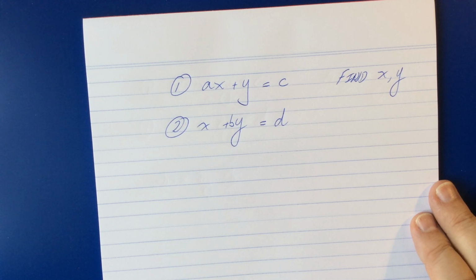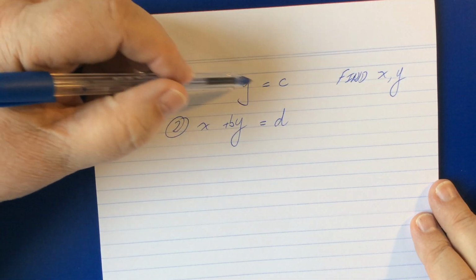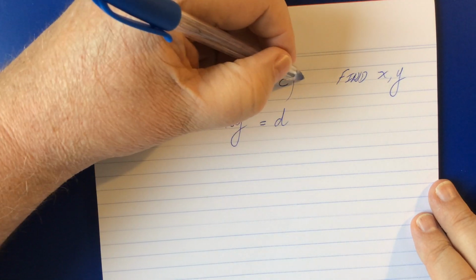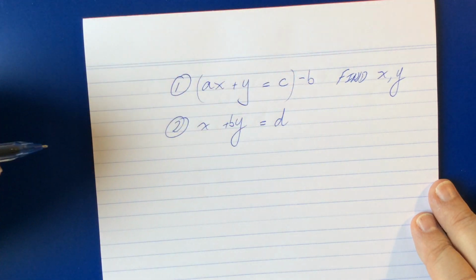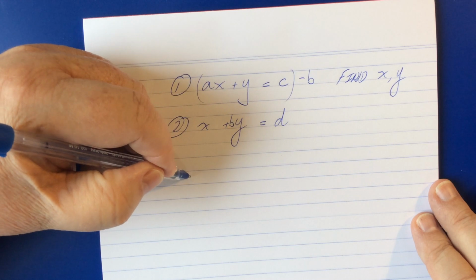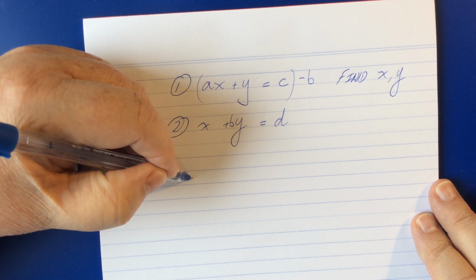What I'm going to do is eliminate, and I'm going to take this equation and multiply it by negative b, and we'll just put the result down here.